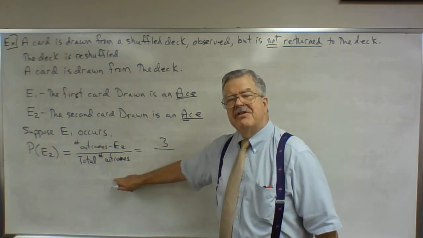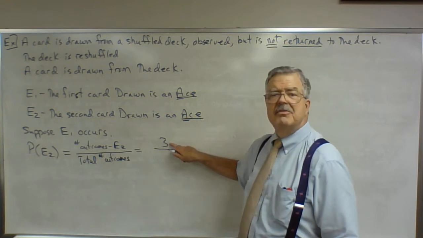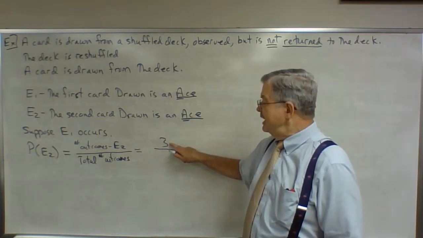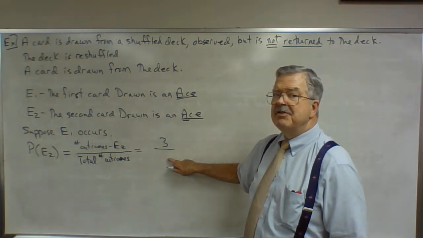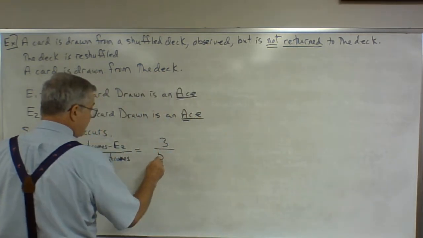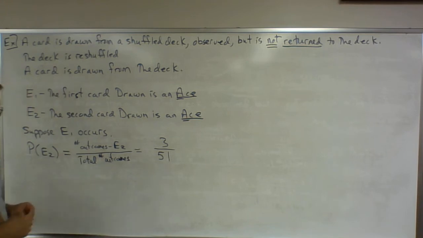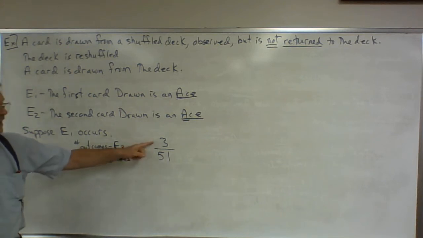So when we select that second card, if it turns out to be an ace, there's 3 outcomes that will result in it being an ace, out of a total of not 52 outcomes, but 51 outcomes. So if E1 occurs, in other words, if we draw an ace on the first draw, the probability of E2, getting an ace on the second draw, is 3 out of 51.